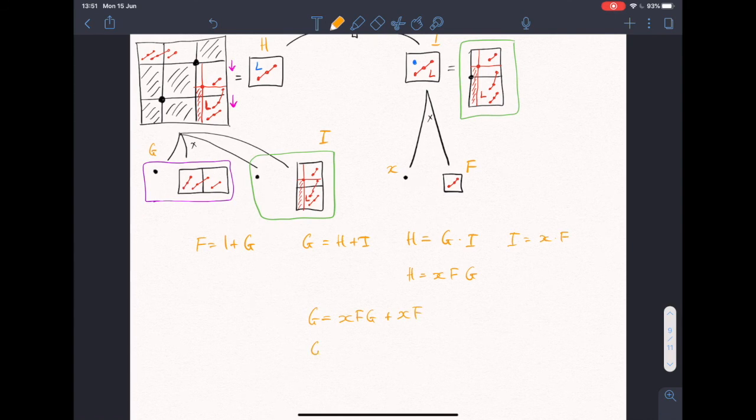Solve for G, and you have XF over 1 minus XF.